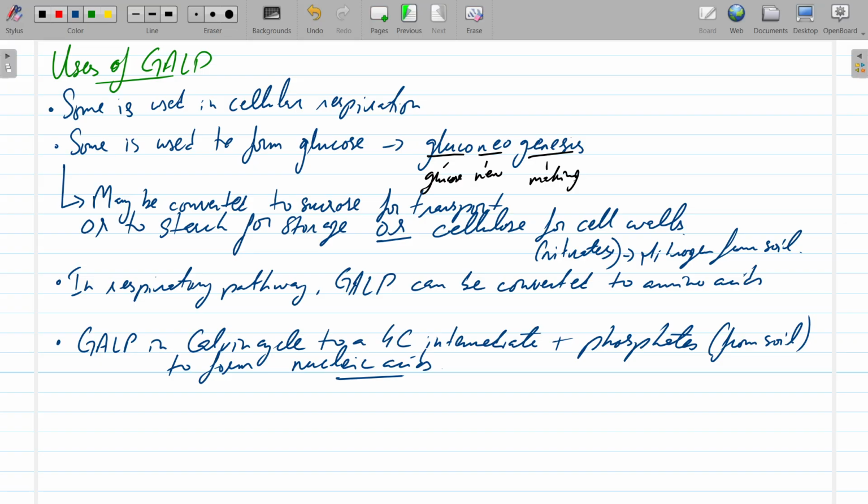Then also in the respiratory pathway, GALP is converted to acetyl coenzyme A. So we've come across that.